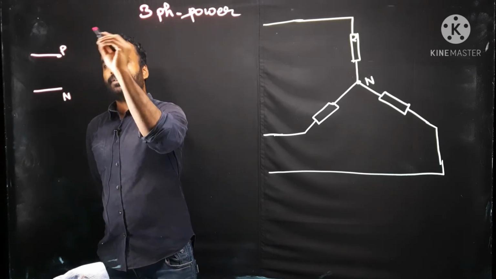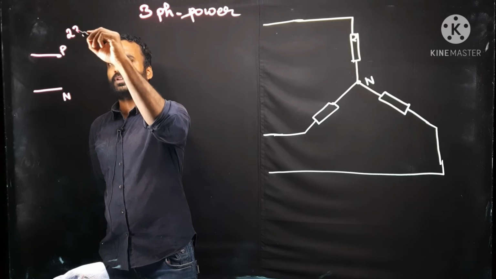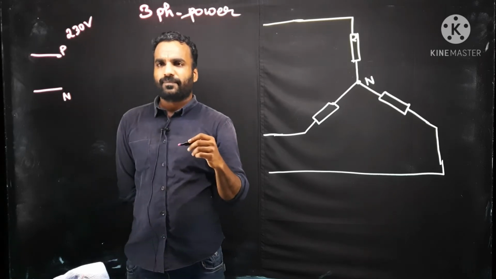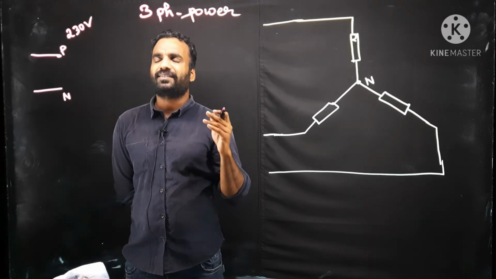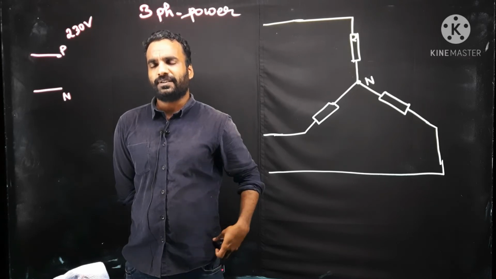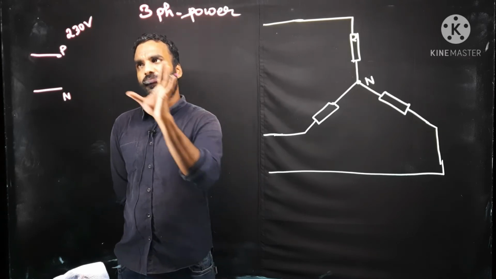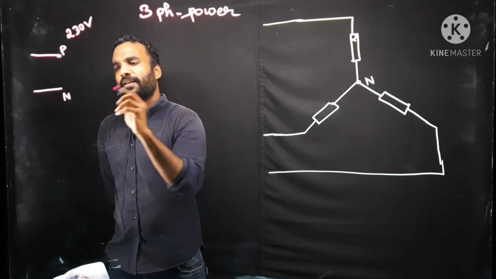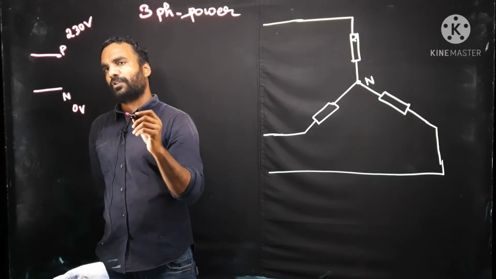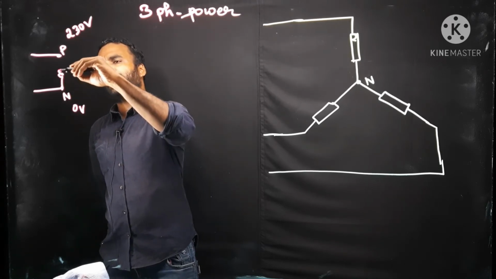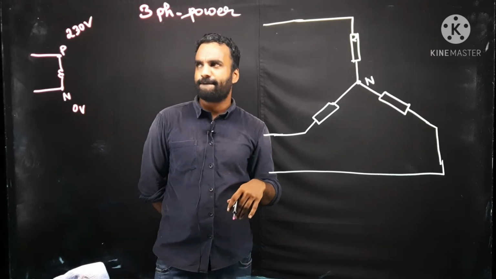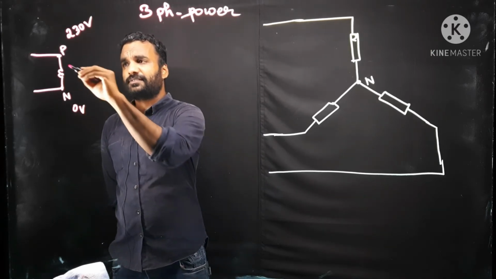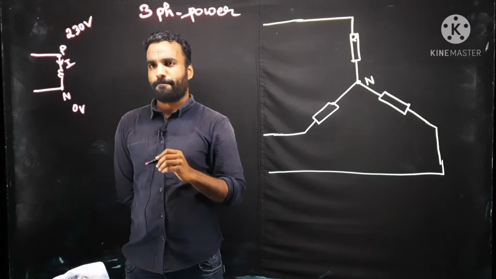So the phase has some high potential, some 230 volt. If it is single phase, don't think about whether it is line voltage or phase voltage. In single phase, there is only one quantity, that is the voltage itself. And the neutral's voltage will be 0 volt. So if you connect some lamp between this phase and neutral, due to the potential difference, current will flow.